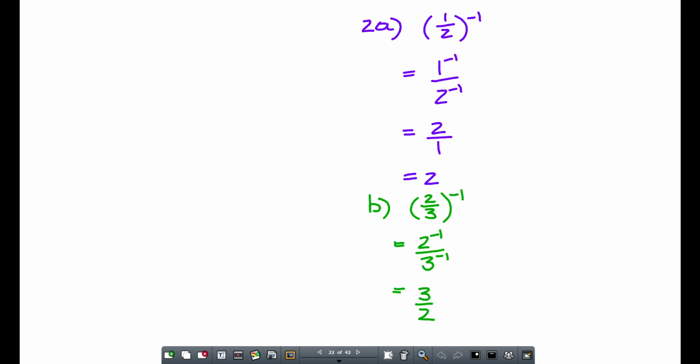Okay. 2A. Now, this step you did not have to write if you didn't want to. Basically, what I wanted you to see is that whatever was written in the bracket, once I change that exponent to a positive, it means what was in the bracket will switch around.